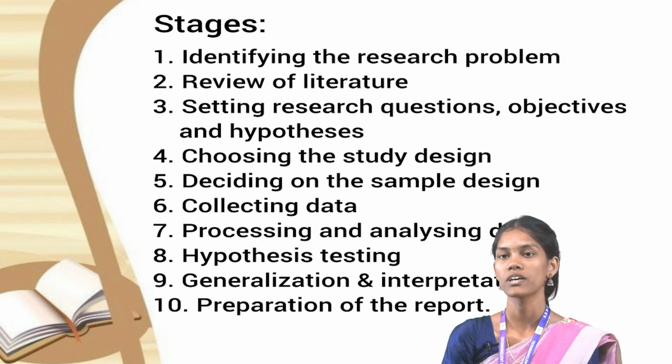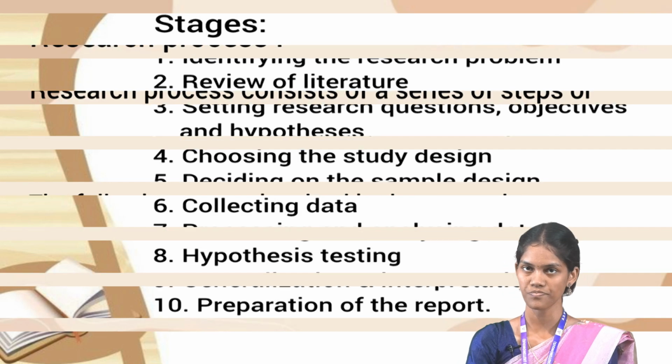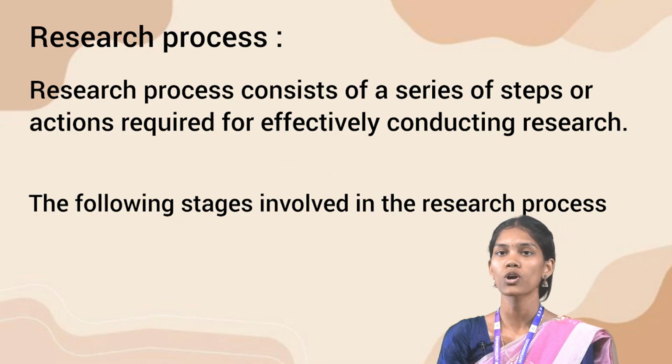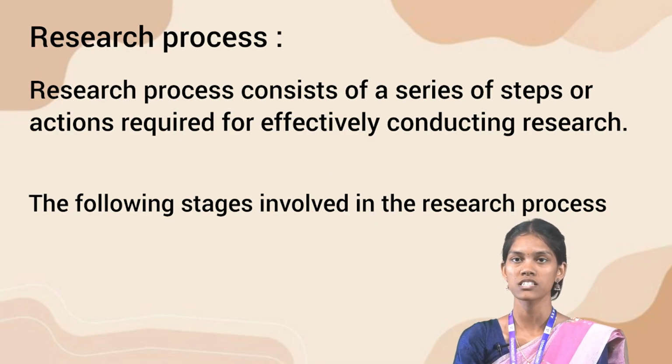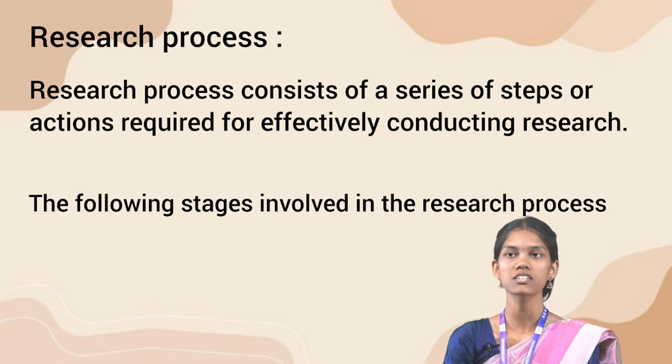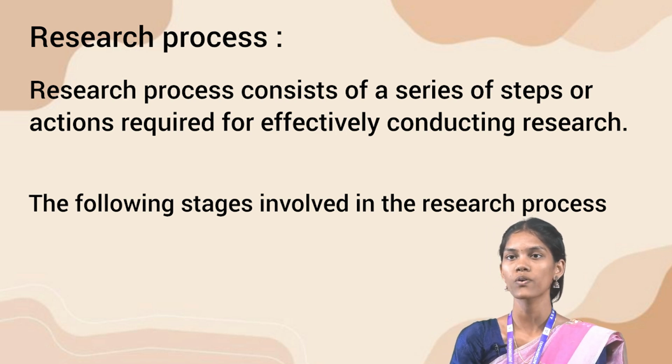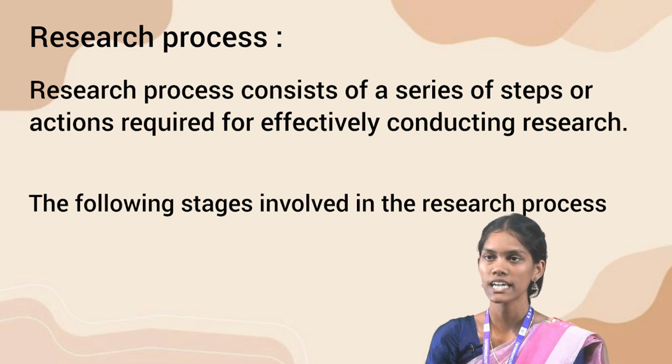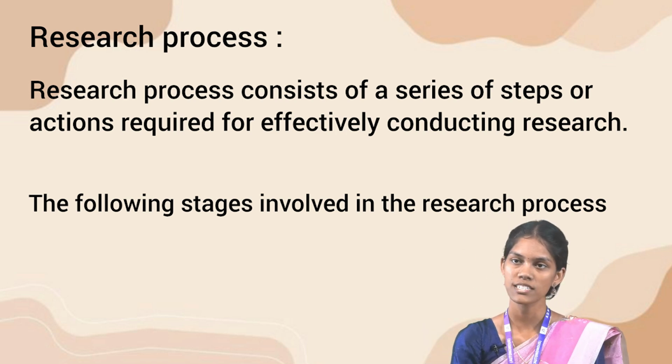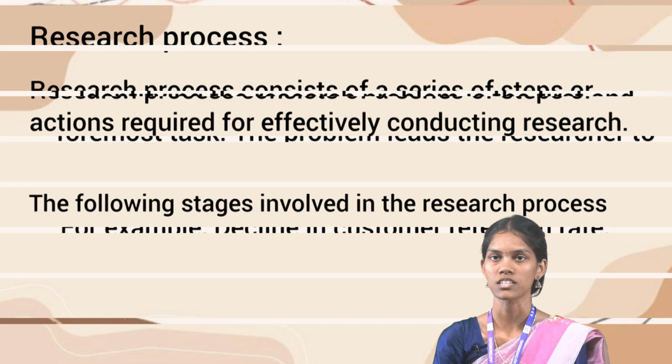The last step is preparation of the report. The research process consists of a series of steps or actions required for effectively conducting research. The following stages are involved in the research process.